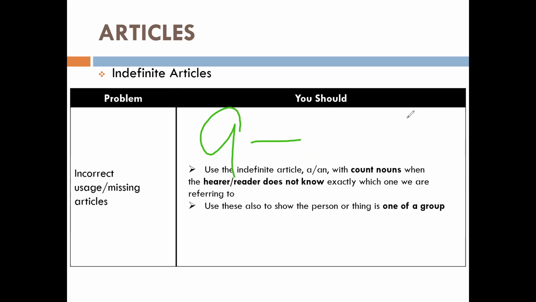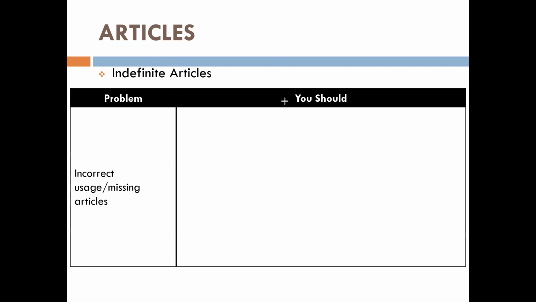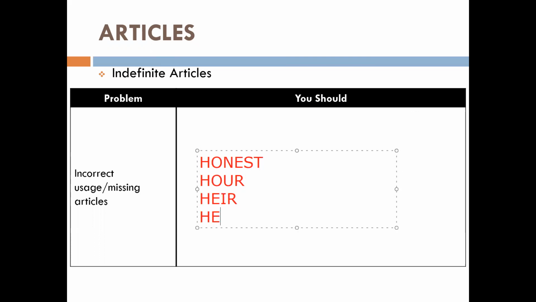So lahat na nagsisimula po sa hindi sa consonant letter, kung hindi sa consonant sound. Kasi guys, remember ha, mayroon po tayong letter H na silent. Halimbawa, honest, hour, air, herb. Yung mga yan, kahit siya po ay nagsistart sa letter H, makinig ng mabuti. Alright?